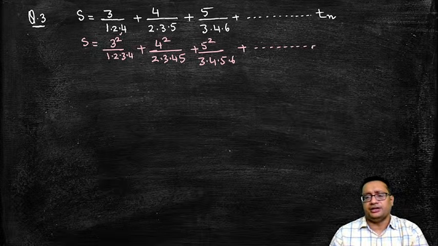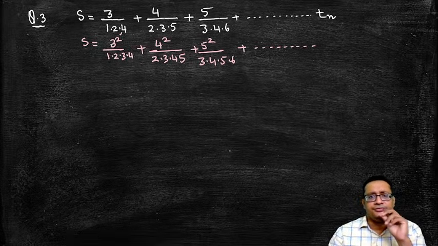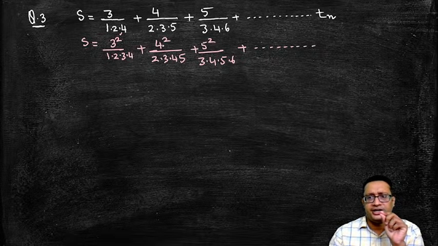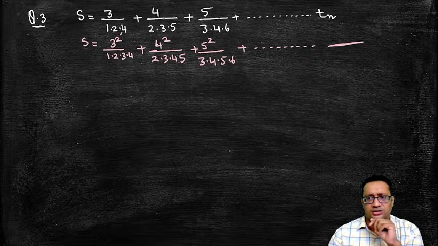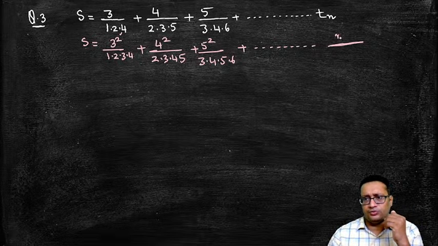What is the nth term? Here the numerator: first term is 3, second term is 4, third term is 5, increasing by 1. So the nth term numerator will be (n+2) whole square.